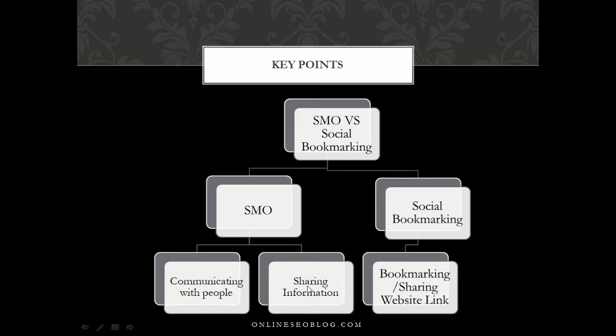SMO includes sharing information with people that could be an image, a document, or a PDF. In social bookmarking the information shared would be your link and crisp content. So this is how we can differentiate them. We have comprehensive content on it on the website as well. You can go through the theoretical material later on.